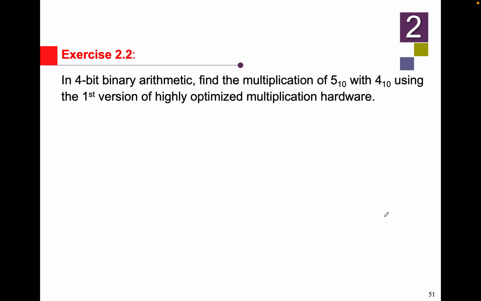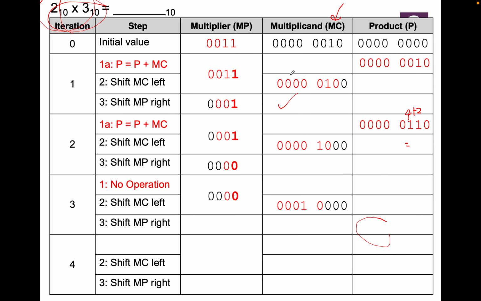Okay, now we have the multiplication of 5 with 4 using the first version of the recommended hardware. This one is the method name, right?